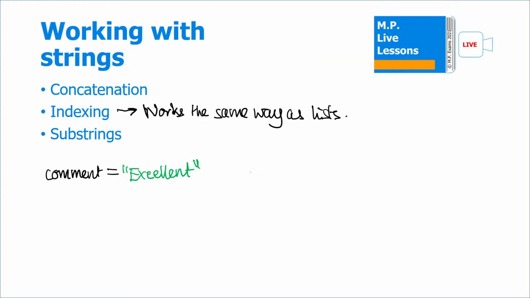Indexing literally just works the same way. So indexing again starts at 0. So this is the index 0, x would be 1, the letter C would be index 2, the letter E next would be index 3, 4, 5, 6, 7, 8, and so on. And we can just print each index in the string.